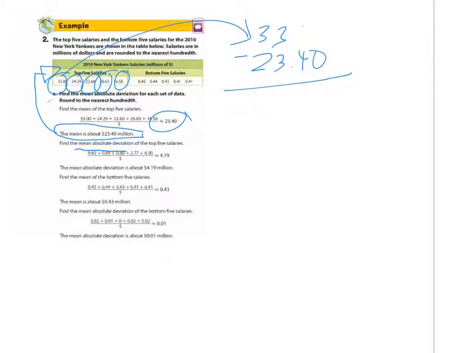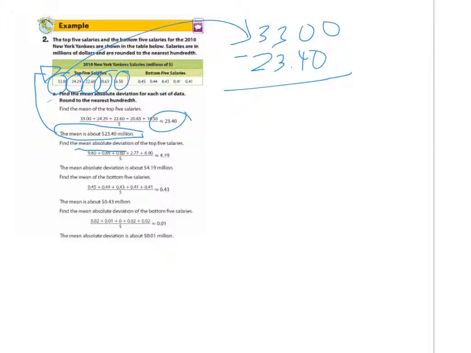We take each of these numbers and subtract it from your mean. So here you take the first number, 33, subtract that by 23.40. I'm not going to do the whole thing, but you should know how to do subtraction.